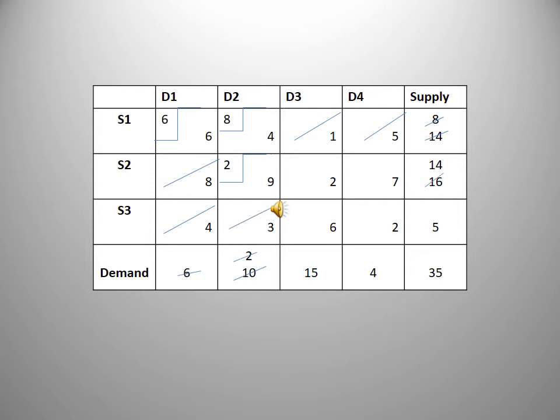Now the cell 2,3 is the northwest corner cell. The fourth allocation is made to this cell. Hence we delete the second column. Minimum of demand and supply corresponding to the northwest corner cell, 14 and 15, is 14, which is allocated in cell 2,3.